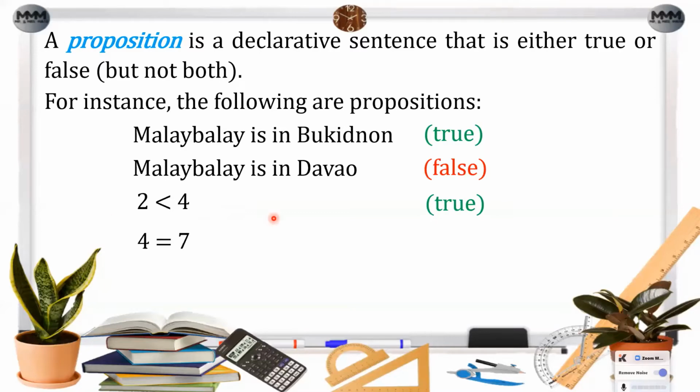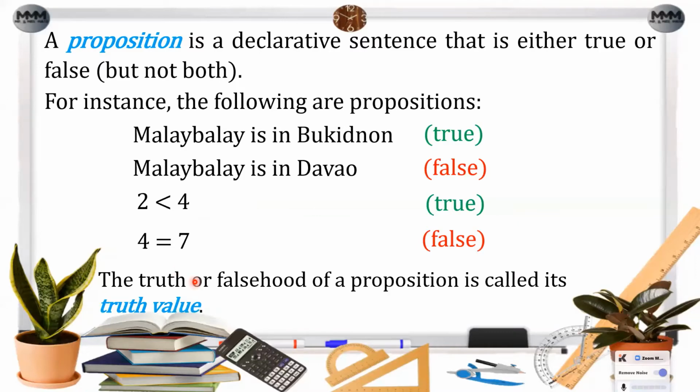And the last one we have here, 4 equals 7. Another mathematical statement, which is false because 4 is not equal to 7. Now, the truth or falsehood of a proposition is called its truth value.